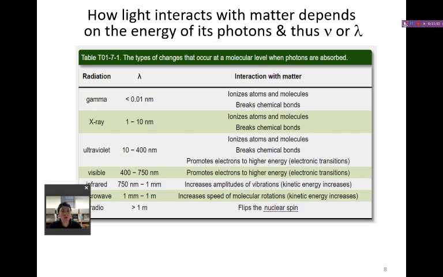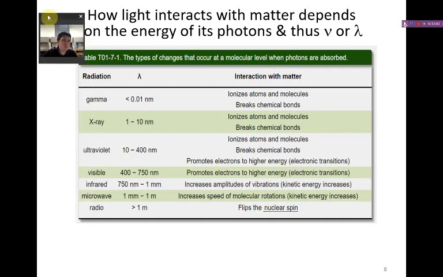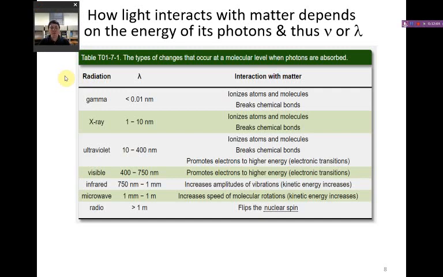Okay, the last thing that we're going to talk about is how does light interact with matter? What does it actually do to it? A lot of that depends on the energy that that light contains. So what we see here is a division based upon the regions of the electromagnetic spectrum.